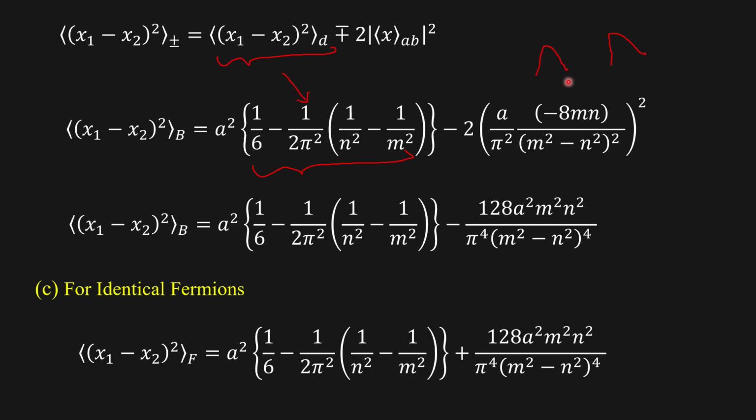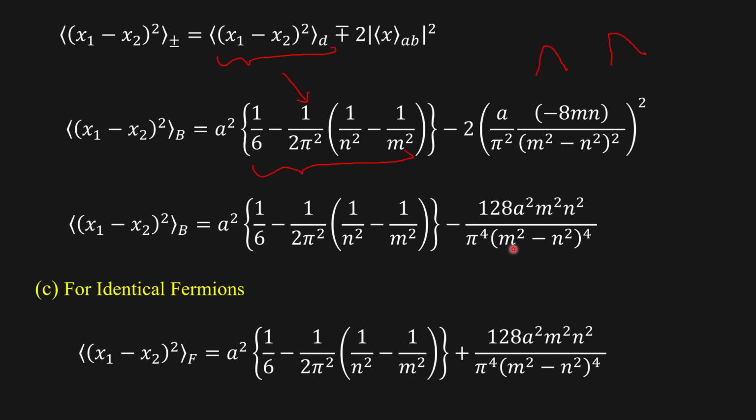Similarly, for identical bosons and identical fermions, as I said, you have to take the upper sign, minus. I have mentioned that the distance between x1 and x2 whole squared for bosons is equal to this one. So I have used a negative sign, and for identical fermions, that negative sign will become plus.